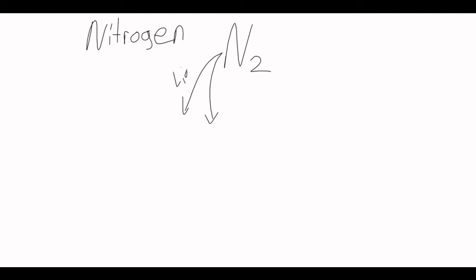Lightning can cause the nitrogen to break apart and bond with oxygen and form nitrates. There's also bacteria that can do it. But either way, we end up with nitrogen fixation.